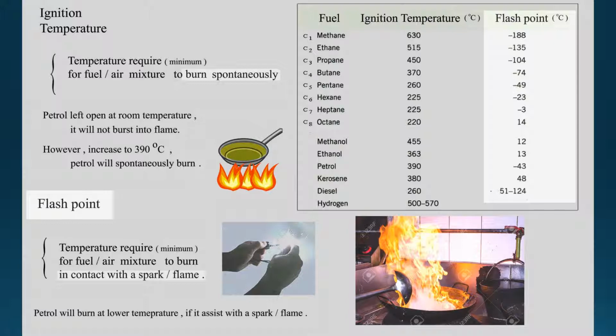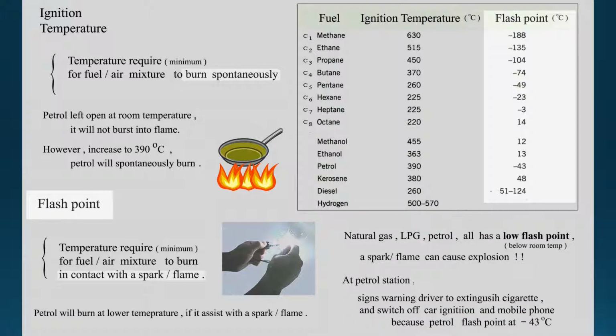When the cooking oil spills and touches the fire, then it becomes the flash point. Once you have the flash point, it will just burn. So the kitchen will be on fire. So you can see natural gas and petrol all have a very low flash point. That means they can very easily catch fire, even in a very, very cold environment.